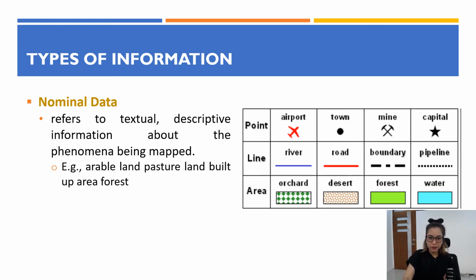So, we have here the symbols or symbology that we can use. Like for a point, we have the airplane, or the take-off or runway symbol for airports, town, mine, capital. Actually, there are a lot more, like 50 plus symbologies that you can choose.